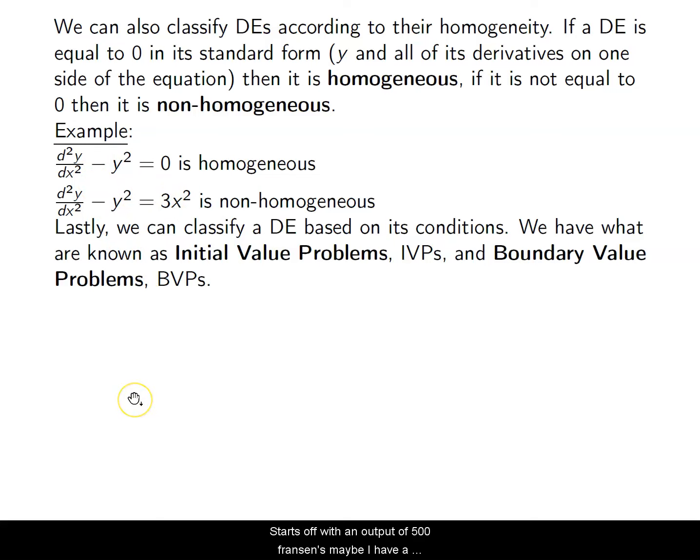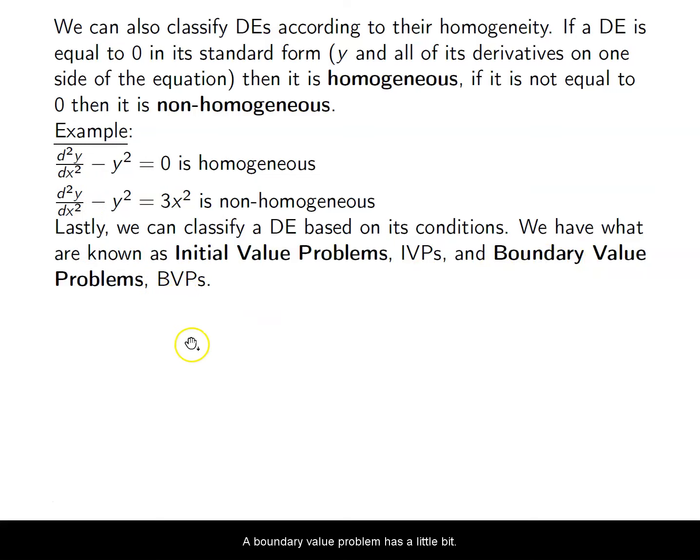For instance, maybe I have a differential equation that models a ball's flight through air, so we have changes in velocity, changes in position, and acceleration due to gravity. And maybe the ball has an initial height of 5 feet. So the initial value is 5. So I have an initial condition that's necessary on my solution function.